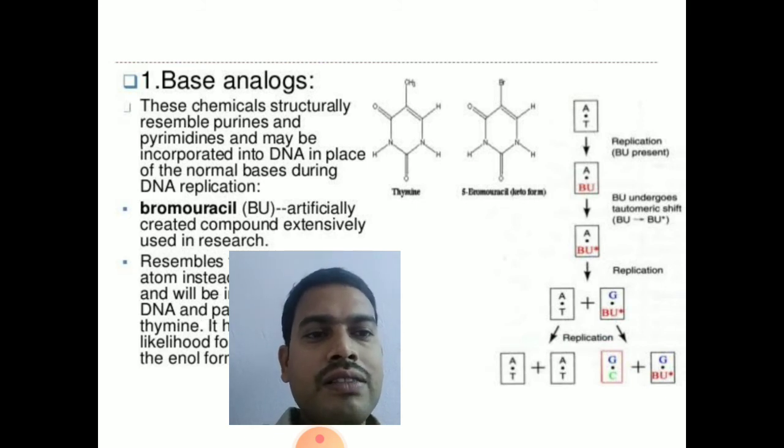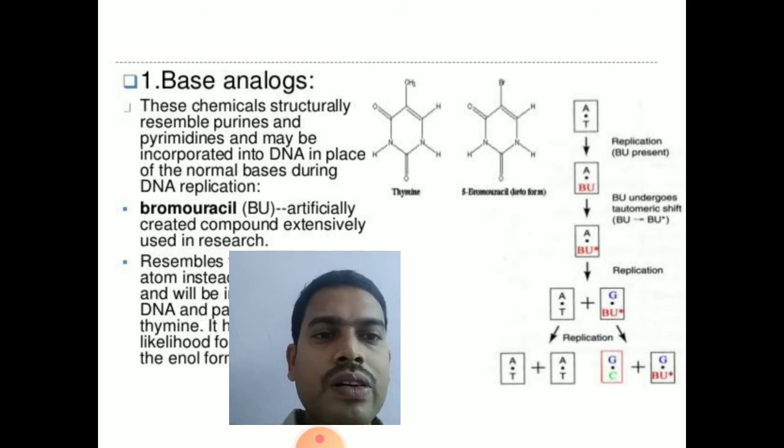Hence, being similar to thymine, it will bind with adenine. That is the major role of base analogs, 2-aminopurine and 5-bromouracil. So this is 5-bromouracil, which is similar in structure to thymine. So instead of thymine binding to adenine, 5-bromouracil will bind to adenine.